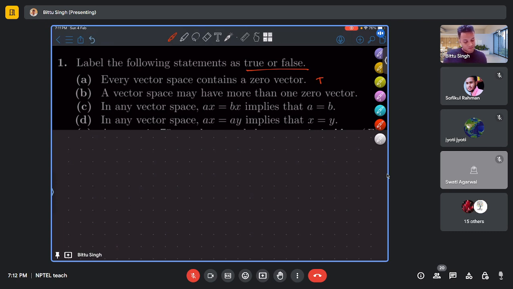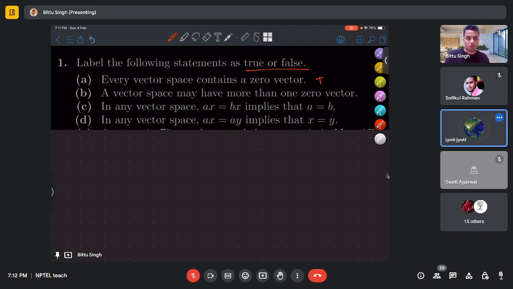A vector space may have more than one zero vector. Is it possible? Yes, if the operation is different from addition, then the zero vector may not be exactly equal to zero. There may be some other identity element other than zero. It totally depends on the operation.